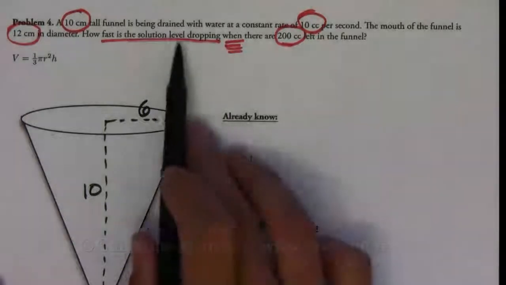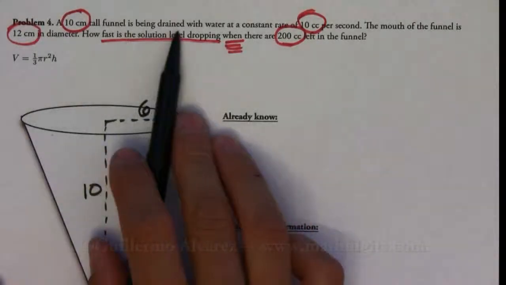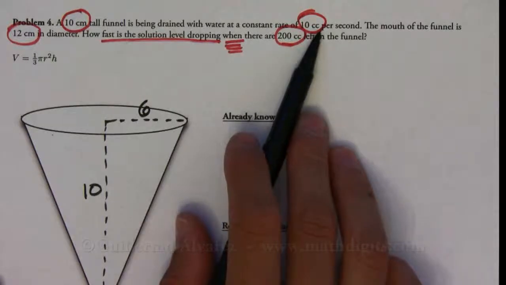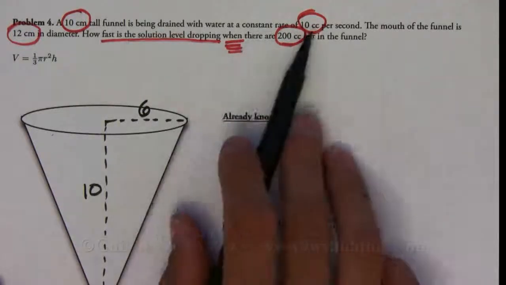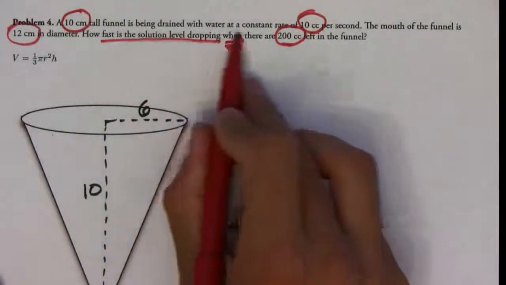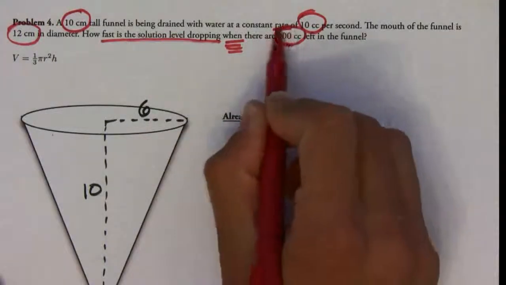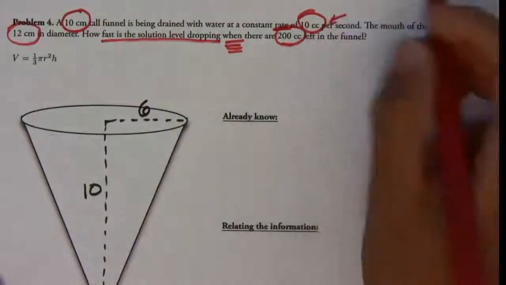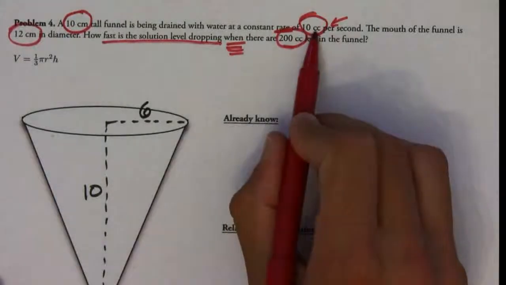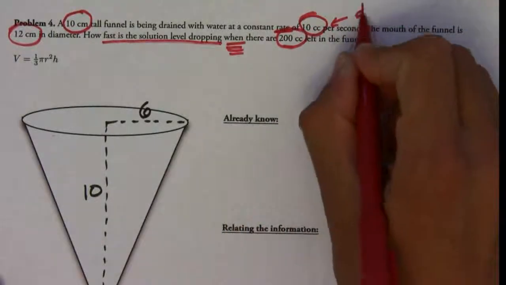Now, it says that the funnel is being drained with water at a constant rate of 10 cubic centimeters per second. So this is talking about a rate. This is a keyword, rate. Now you have to ask yourself, this is the rate of what? Well, cubic centimeters is a measure of volume, right?